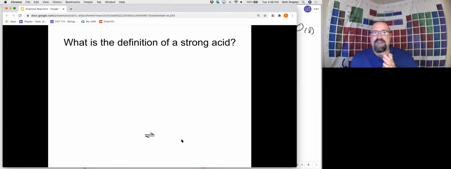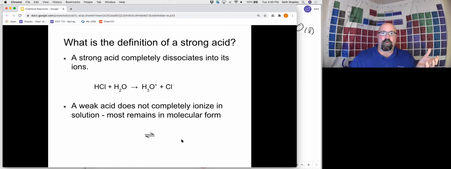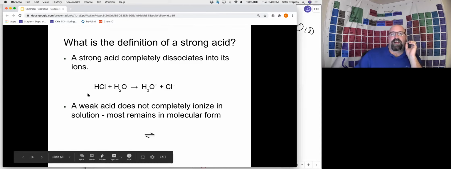Now we need to look at what a strong acid is. You've probably heard that term a couple times by now. Strong acid versus weak acid. A strong acid is any acid that will completely dissociate into its ions. And so every bit of it that ends up in solution is going to break apart into its ion form. For example, HCl, hydrochloric acid, is one of our strong acids.